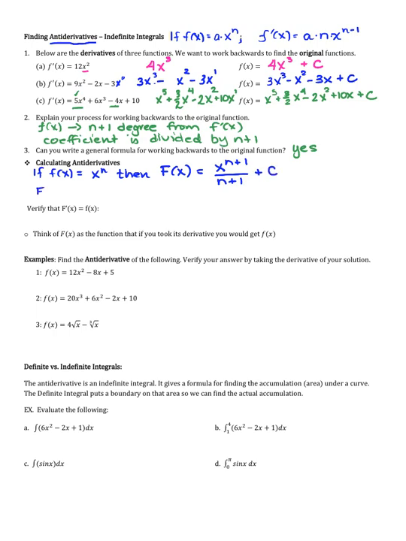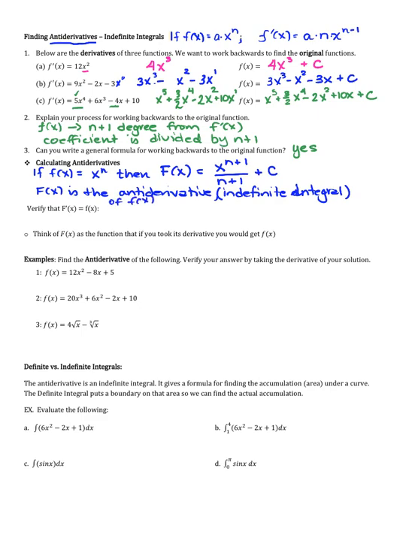So F of x is the antiderivative, which is equivalent to saying the indefinite integral of f of x.